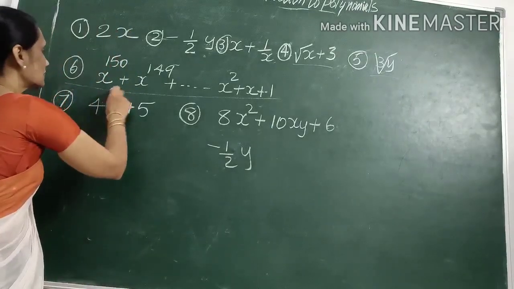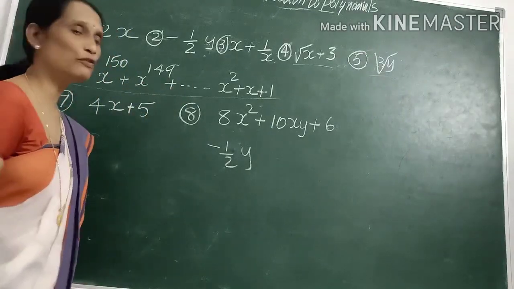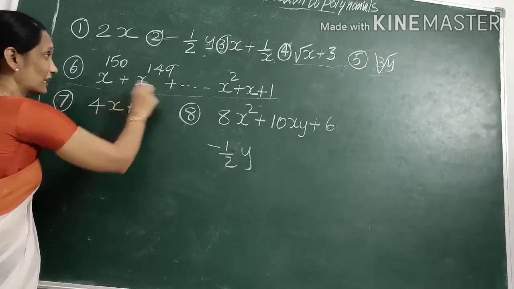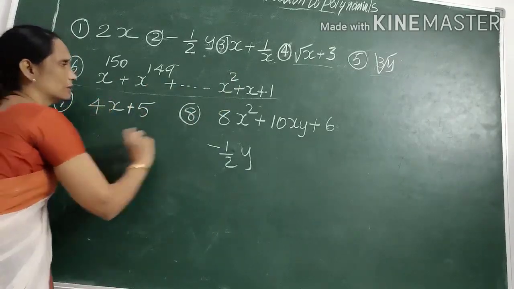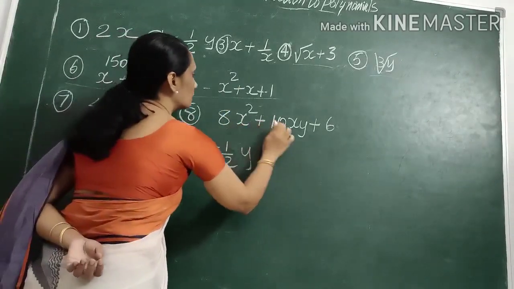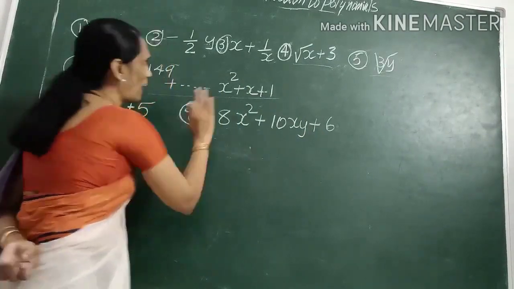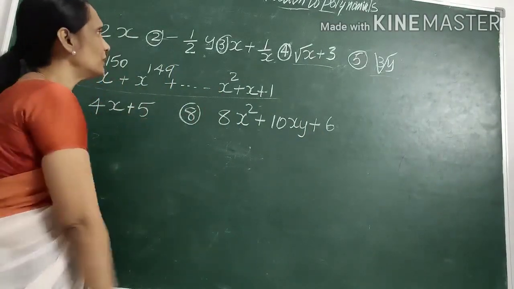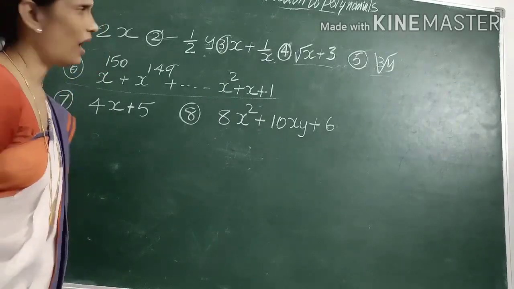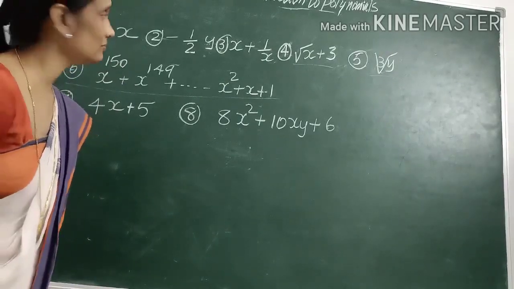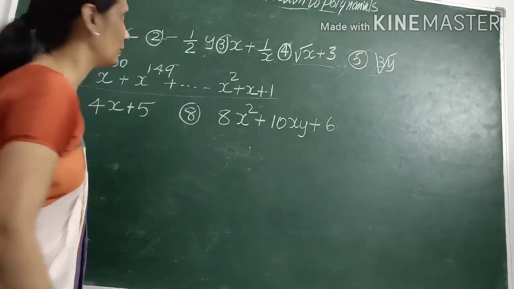So, here it is having 150 terms and 151 terms and here 2 terms and here 1, 2, 3 terms. Okay. Do you find any difference of these expressions? Are all looking same? Okay, let us analyze one by one.